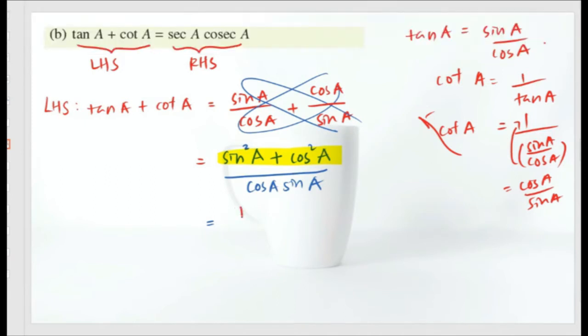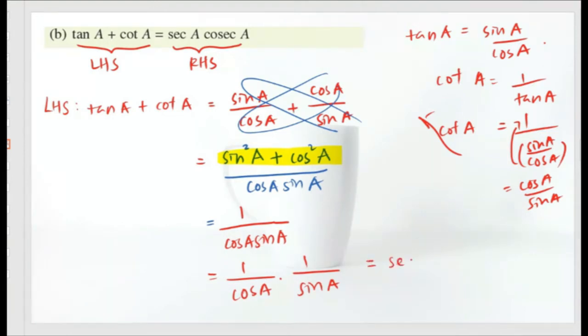Now it's 1 over cos A sin A. So it's 1 over cos A multiplied with 1 over sin A. Okay, 1 over cos A is secant A. 1 over sin A is cosec A. Okay, secant A, cosec A.